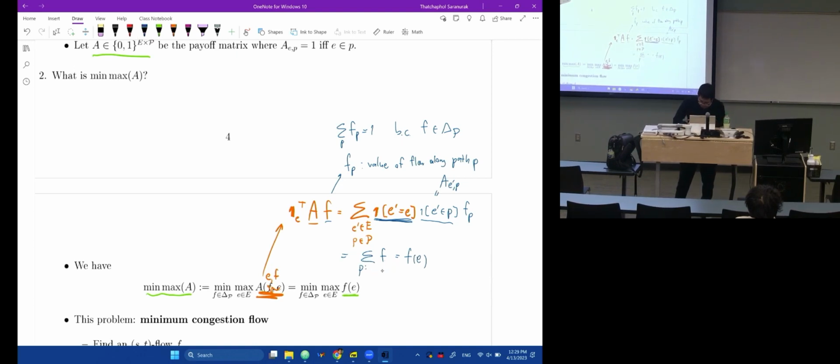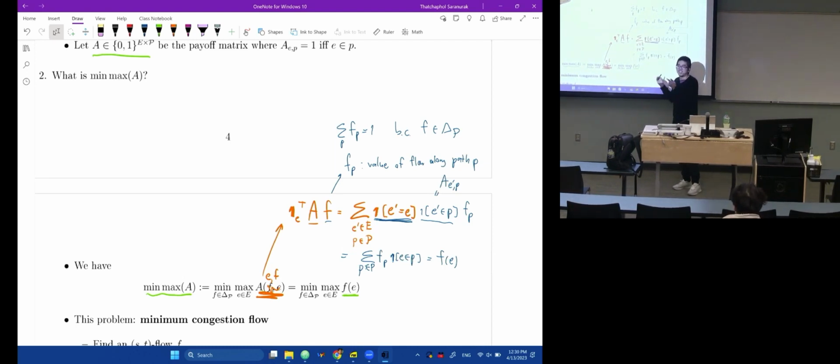Yeah, the way to write this down is still summing over all paths, and you get FP, and only when E is in P. So only the paths that go through an edge E. And that's FE. Right, make sense? More questions.